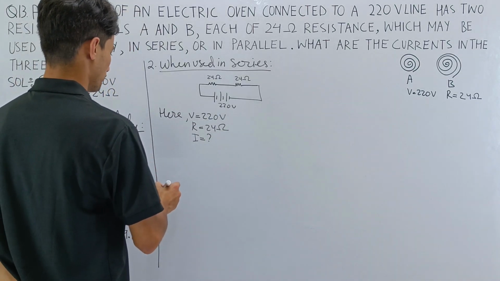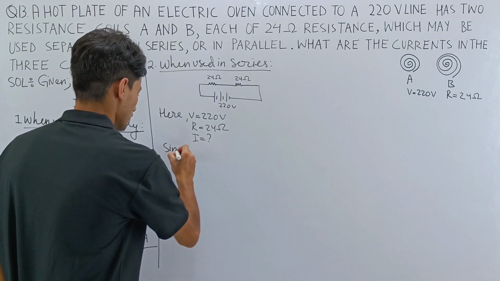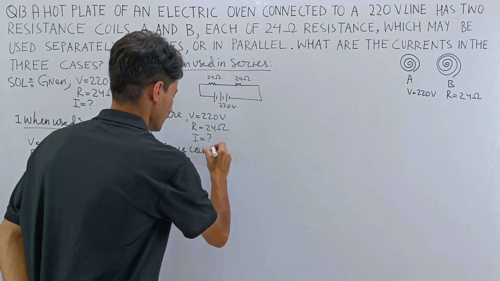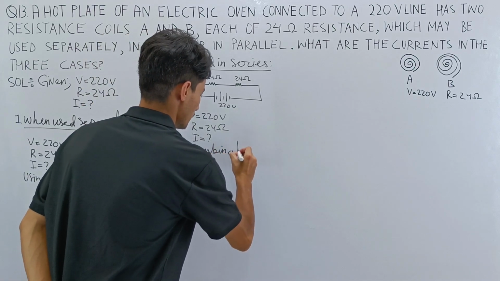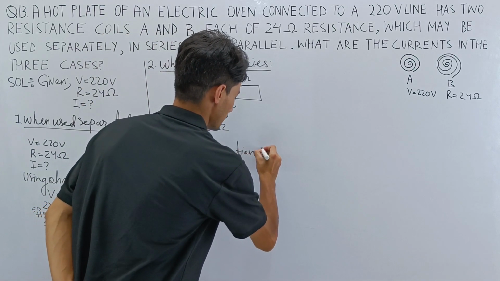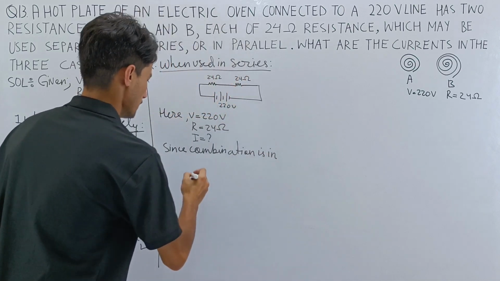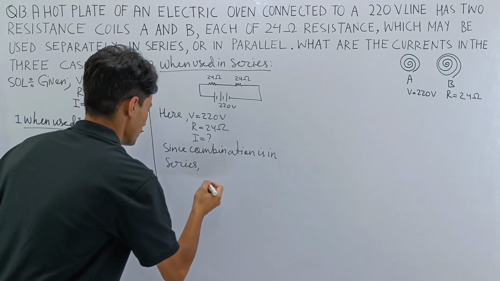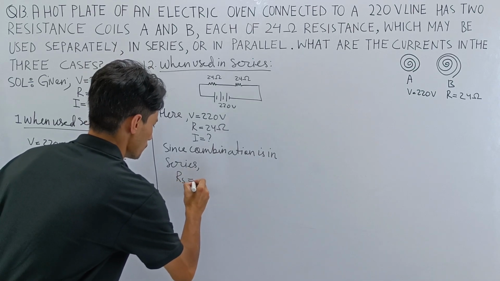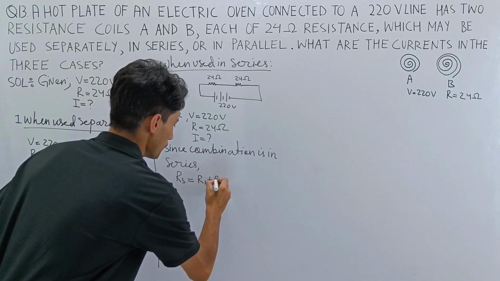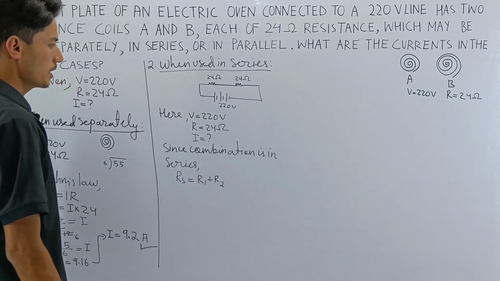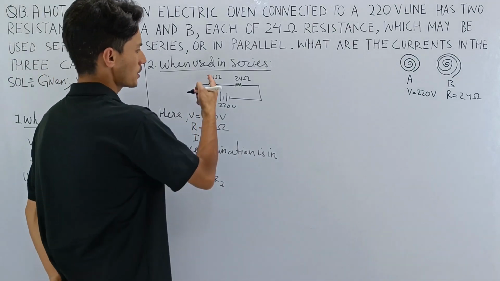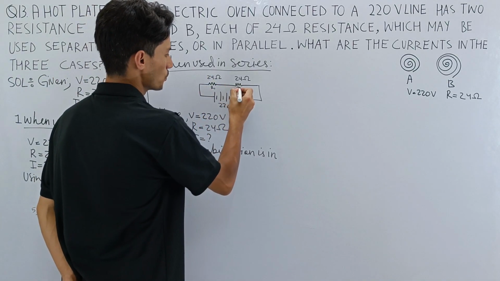Since the combination is in series, the formula will be Rs is equal to R1 plus R2. In case you are wondering what R1 and R2 are, this is R1, this is R2.